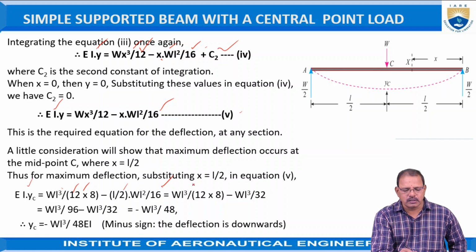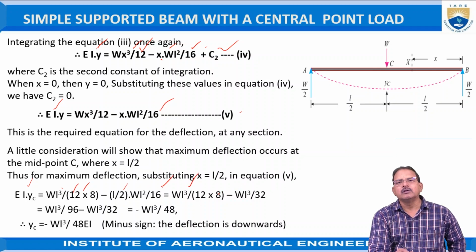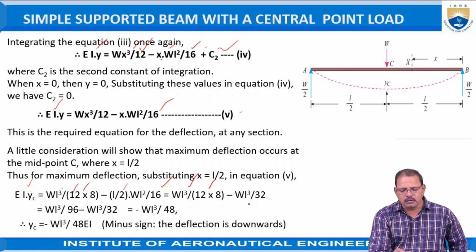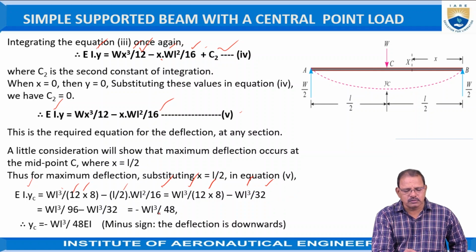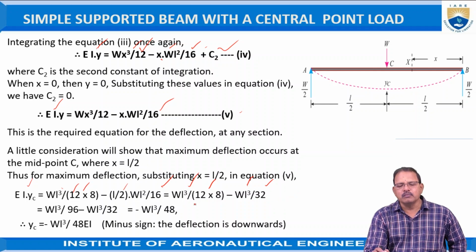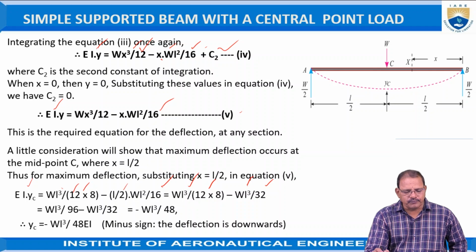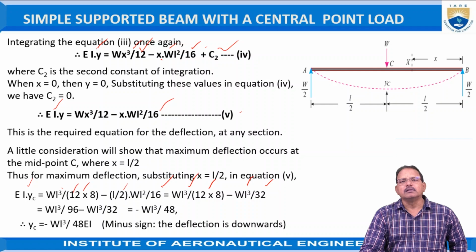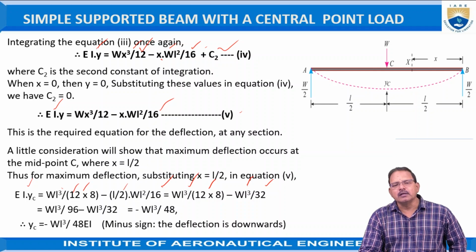From this equation we got WL cube divided by 12 into 8 minus WL cube by 16. On simplification we got this value is equal to minus WL cube divided by 48. Now YC is equal to, from this equation, WL cube divided by 48 EI. This minus sign is representing the deflection of the beam is in downward direction.